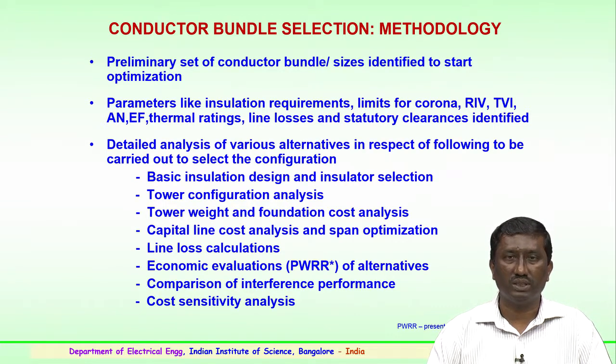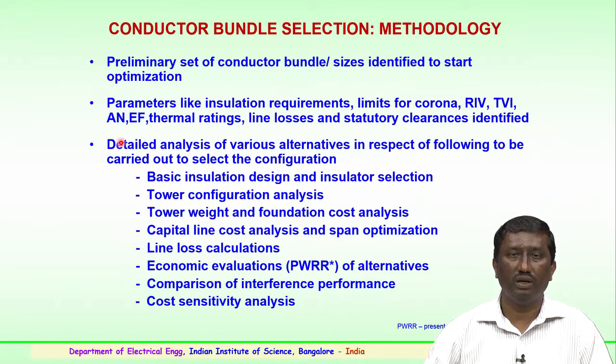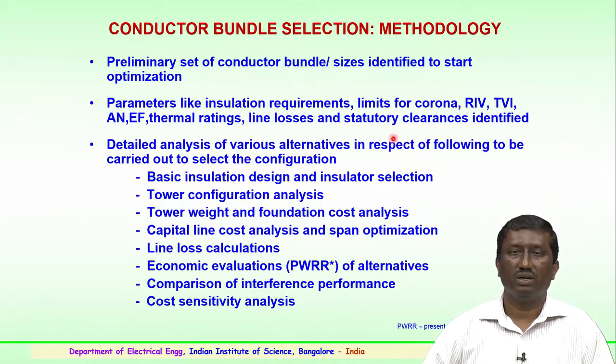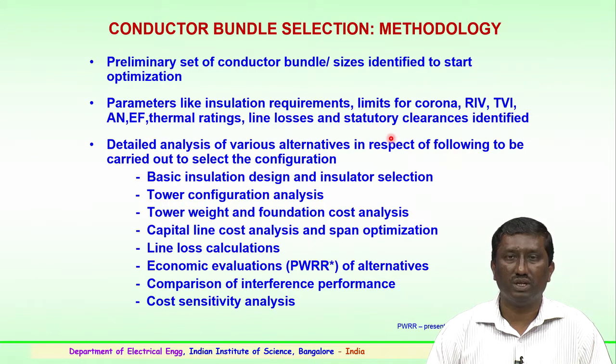Important parameters like the insulation requirements for a particular voltage level, the limits specified for corona, the radio interference voltage, the television interference, the audible noise, the electric field, the thermal ratings of the conductor, the line losses because of the operation at higher voltage levels, and the statutory clearances should be identified before the selections are made. Very important parameters for choosing the conductors.